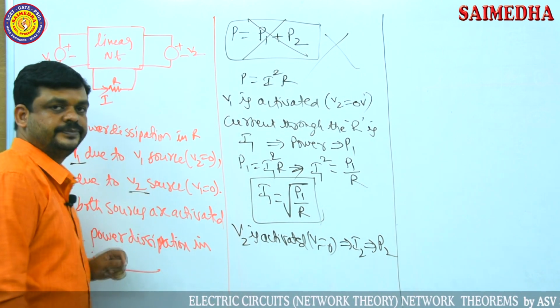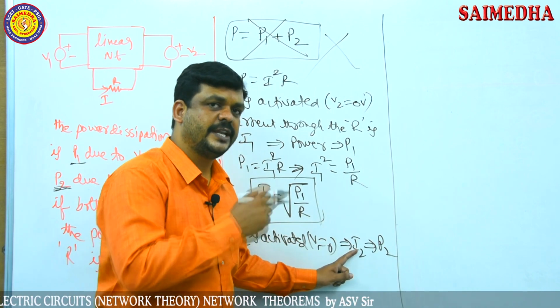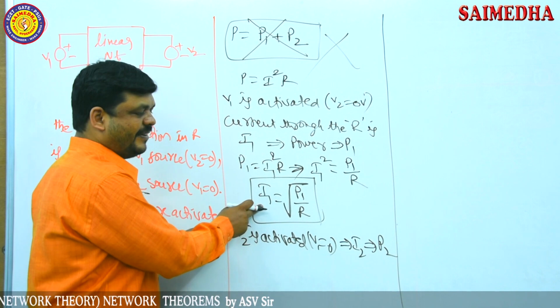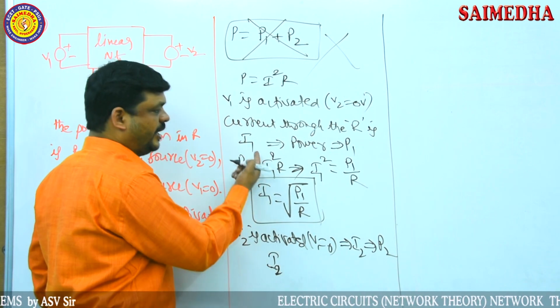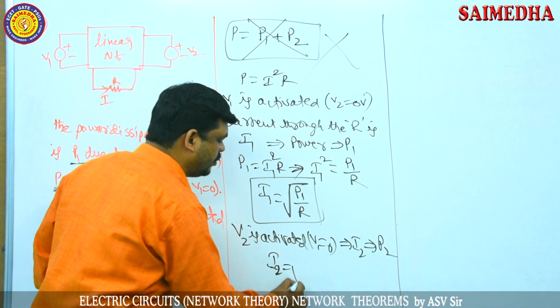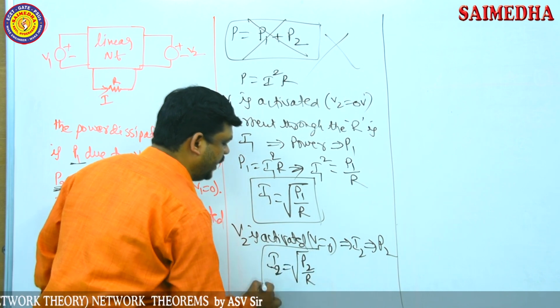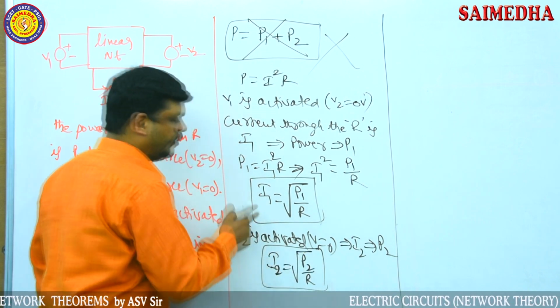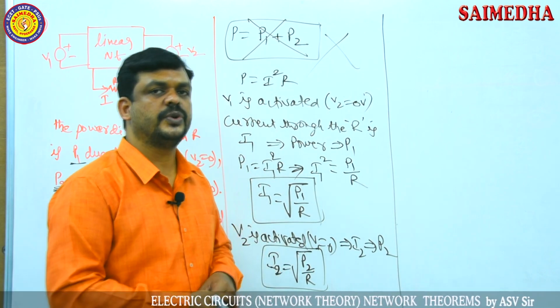So from the equation, P2 is equal to I2 square into R, then I2 is equal to the square root of P2 by R. So the individual currents are there: due to the V1 source I1 and due to the V2 source I2.